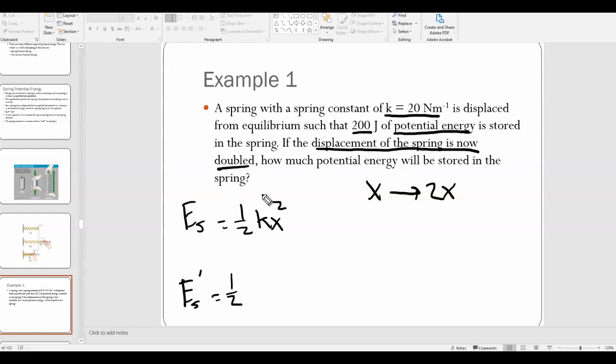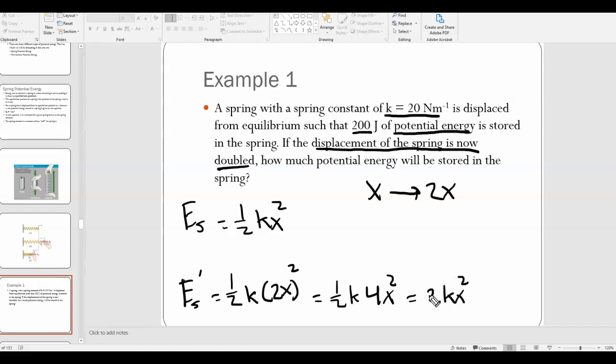Okay, because after I read the question and recognized it as a proportional reasoning question, that changes how I approach it. So now I keep K the same, but I'm replacing x with 2x, and the whole thing has to be squared. Okay, 2 squared is 4, and so I get 1/2 times K times 4 times x squared, which reduces to 2kx squared.